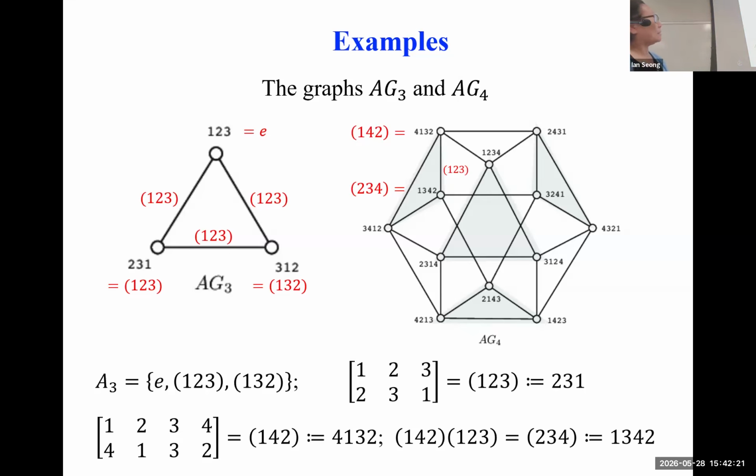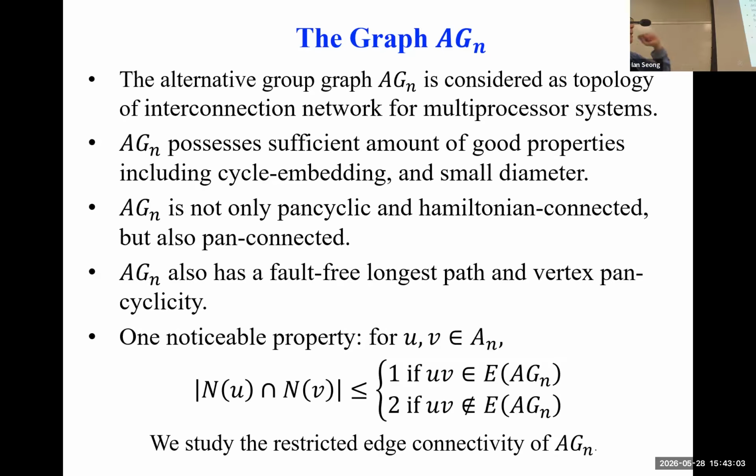Okay, now for this graph, just to quickly mention some properties. This graph is considered as the topology of the interconnection network for multiprocessor systems I mentioned before. People think this graph is good because it possesses a sufficient amount of good properties, including cycle embedding and small diameter. And also, it is not only pancyclic and Hamiltonian connected, but also panconnected.